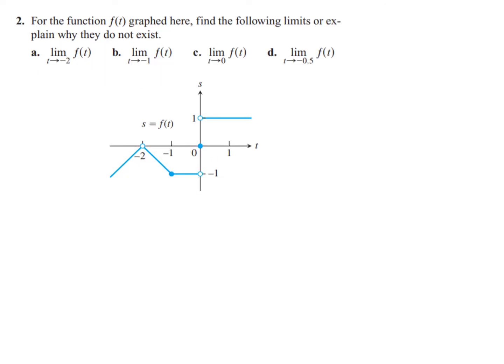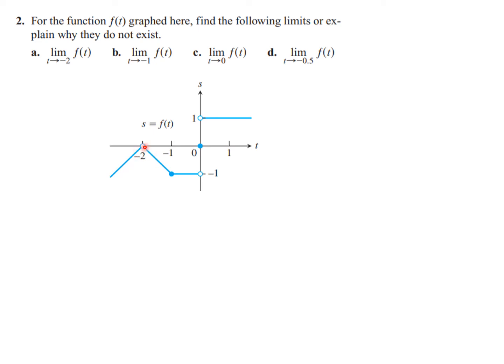Now we have to find, for the function f of x, which is a piecewise function graphed right there, the following limits or explain why they do not exist. A, we want to find the limit of f of t as t approaches negative 2. We can see that t approaches negative 2 from the left and from the right.